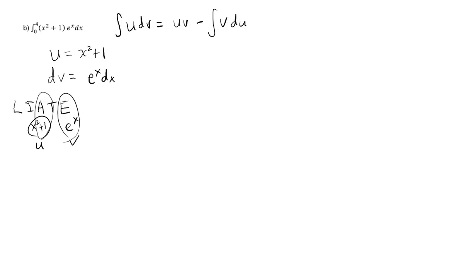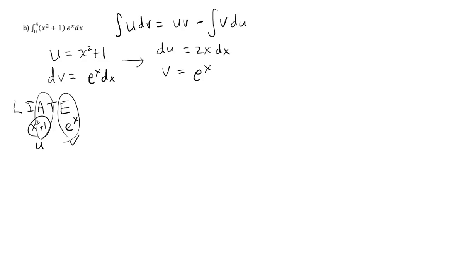Alright, so now we have this, and since you need to know what du is and what v is for the right side to be completed, you have to figure out du and also v. What's du? du would be the derivative, which is 2x dx, and v would be the antiderivative, which is e to the x. Integrating e to the x gives you e to the x.